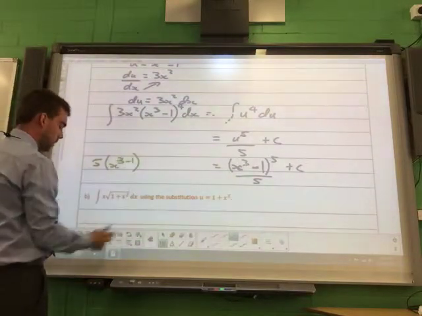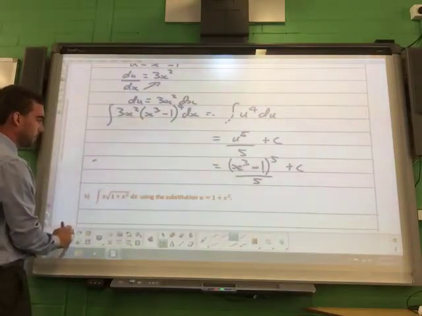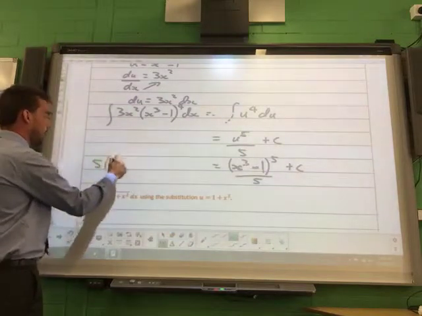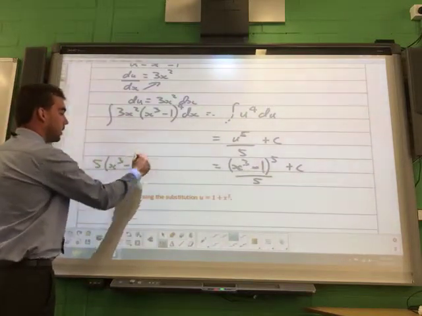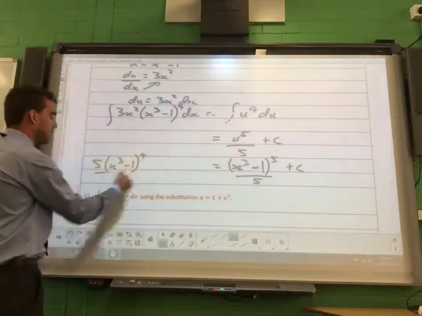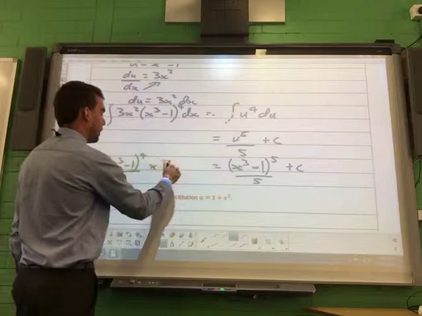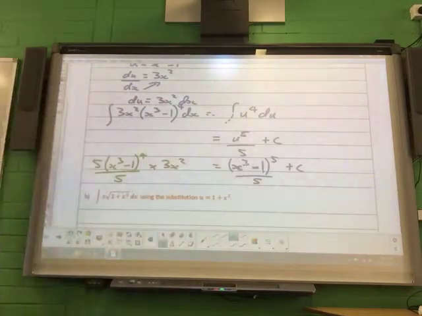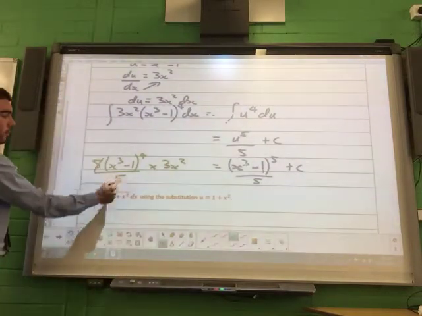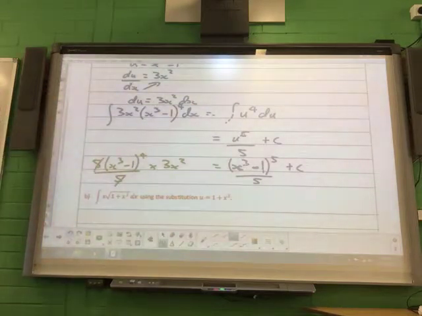So 5 outside of (x cubed take away 1) to the power of 4, still over 5 from the denominator, and we multiply by the derivative, 3x squared. The 5s and 5s cancel, and I've got back my original function. So you can always check your integration solution by differentiating what you've integrated, and you should get the same answer from the beginning. Alright.